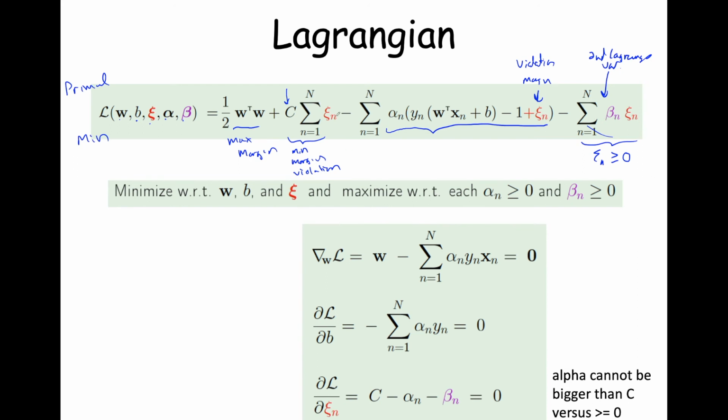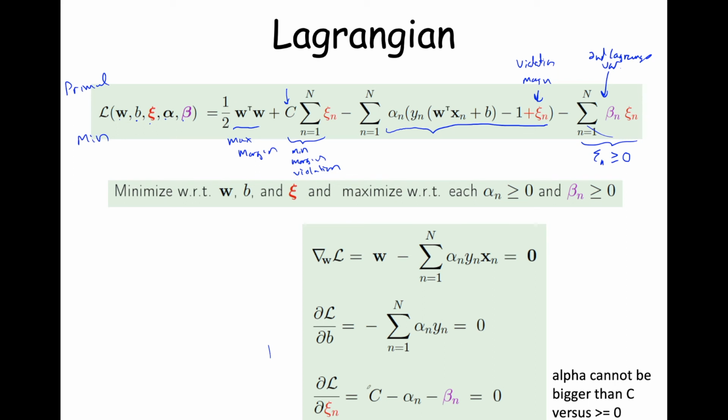We have a C times psi n, an alpha n times psi n with a minus sign, and then a minus beta n times psi n. Since we have psi n raised to the 1 power in each of those, that gradient with respect to psi n is going to be C minus alpha n minus beta n, and we set that equal to 0.